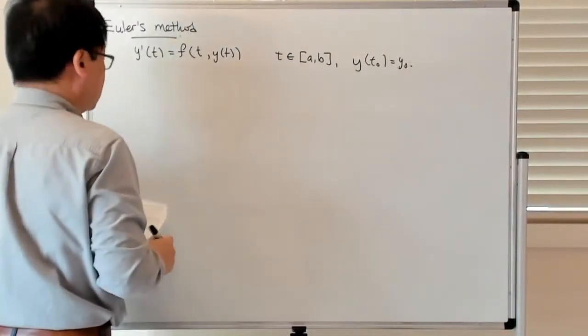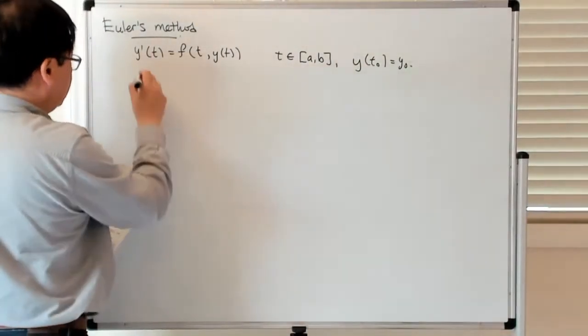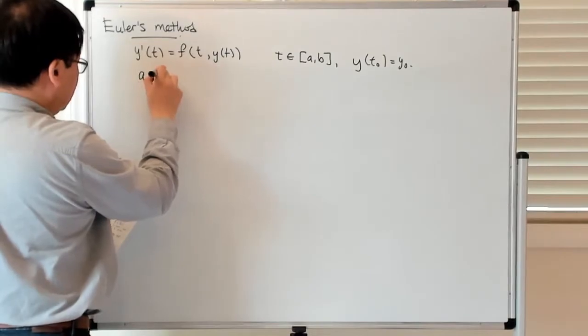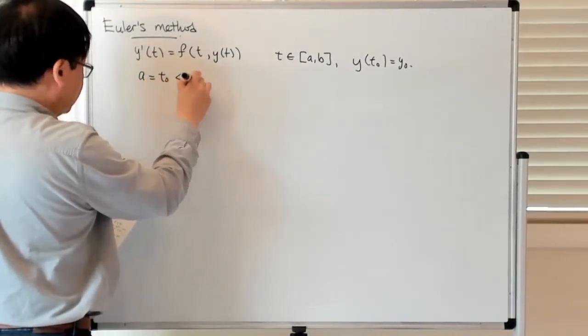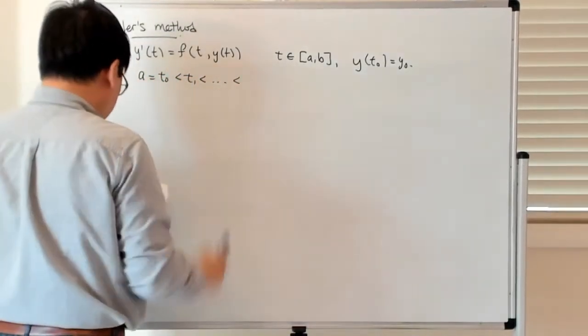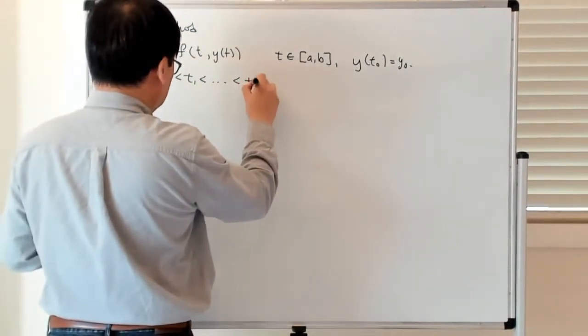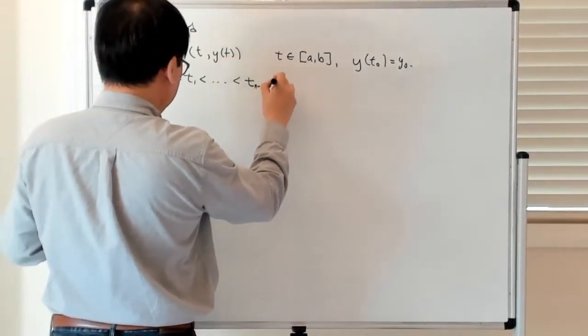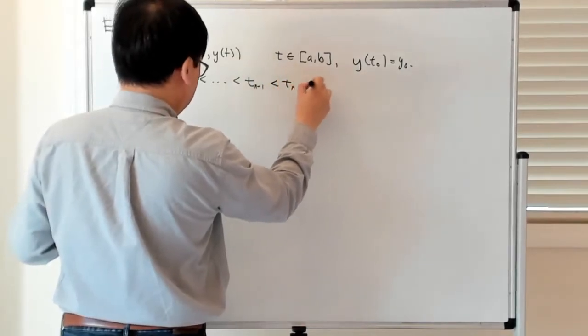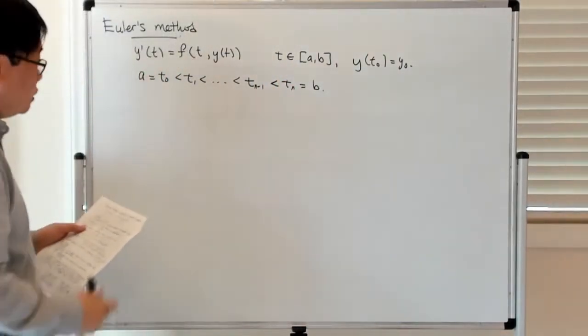Okay? So we're going to assume that a is t0, and then there's an increasing sequence of times t0 to tn, where tn is equal to the final point b.